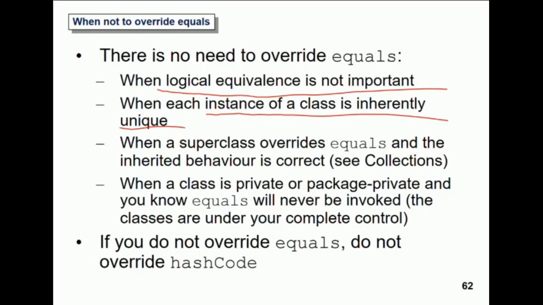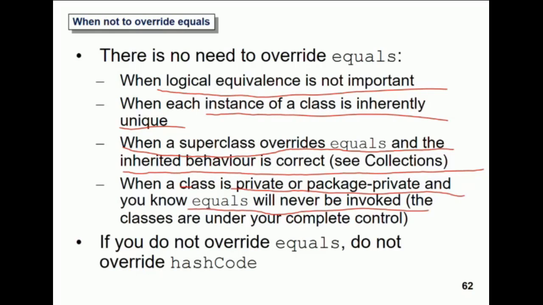When a superclass overrides equals and the inherent behavior is correct, going back to what I was talking about before: if equals has already been overridden in a class that you're inheriting from, then don't create your own, because then you can end up with the problems that we talked about. Also, when a class is private or package private, and you know equals will never be invoked.